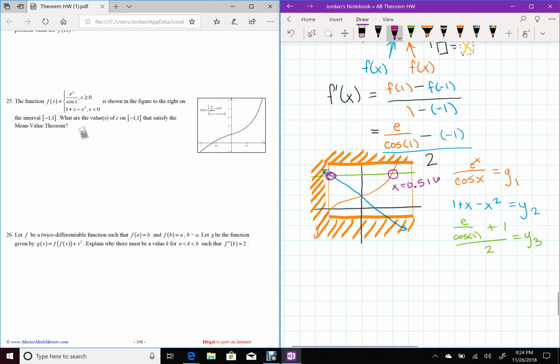And even though it looks like they're intersecting in the window, I think my calculator, yep, it's going to tell me that there's no sign change. So here, my calculator says no sign change. What this means is that there's no intersection in the window.